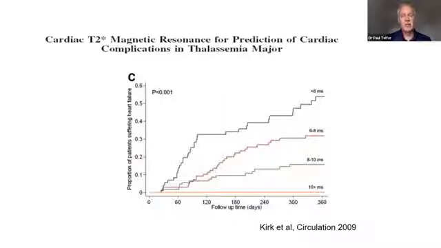And certainly below 6, there is a substantial risk over the subsequent year of developing arrhythmias, cardiac failure, or death. So a level of below 6 milliseconds is really very worrying, and an indicator of the need to modify iron chelation urgently.